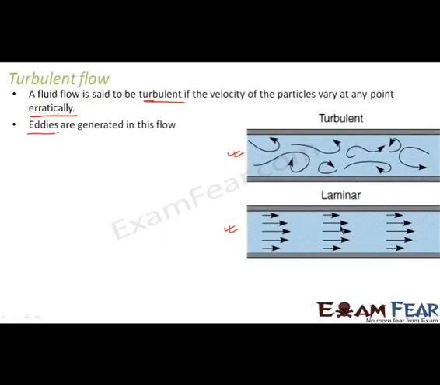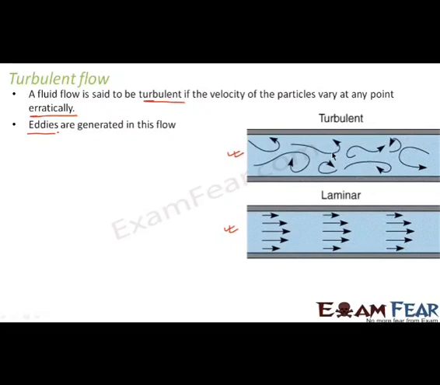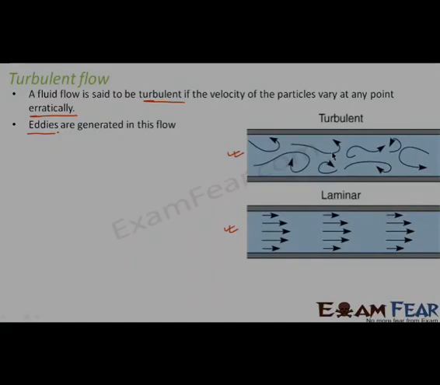Whereas in turbulent flow, you can see that all the particles are moving randomly here and there in any direction. So turbulent flow is completely opposite of laminar flow. The steady flow has three different names: steady flow, streamline flow and laminar flow.